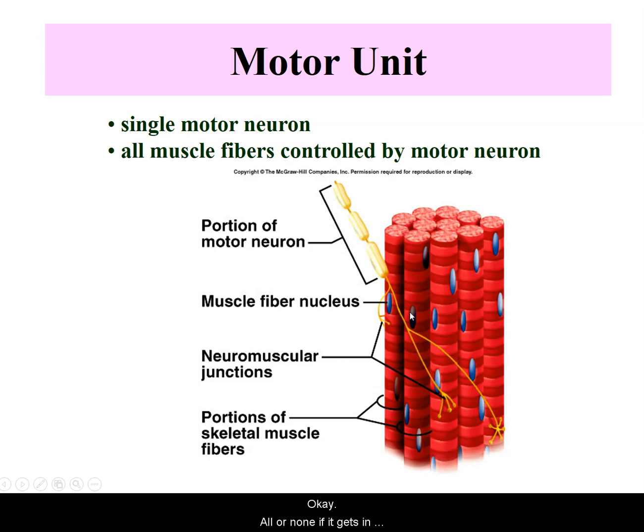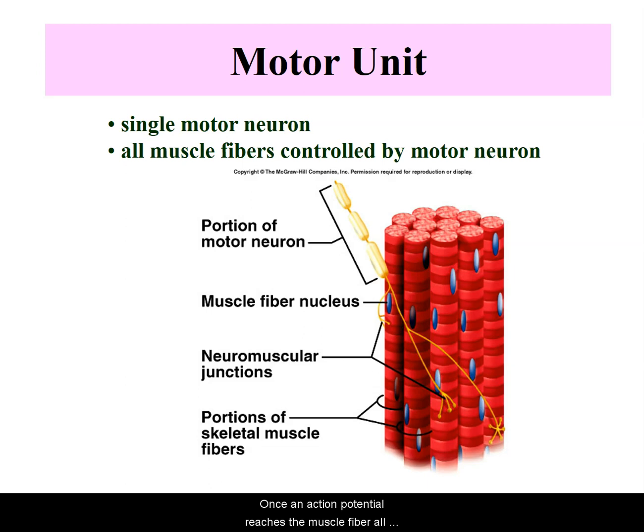But each motor unit is all or none. If everything lines up for a muscle contraction to happen, then that whole motor unit responds in an all or nothing fashion. Either it doesn't work together and contract, or it does.